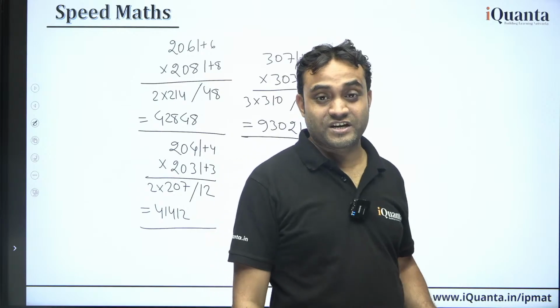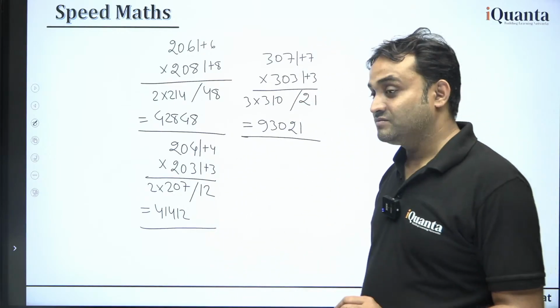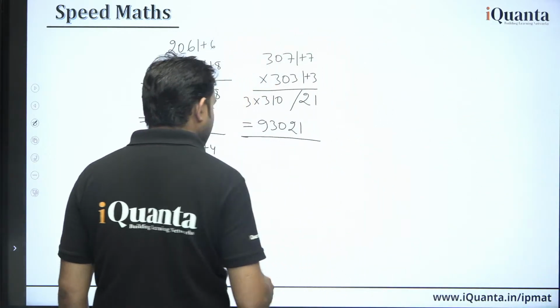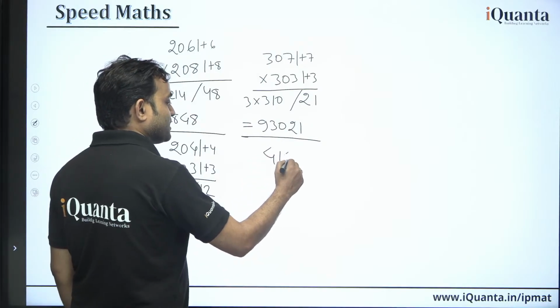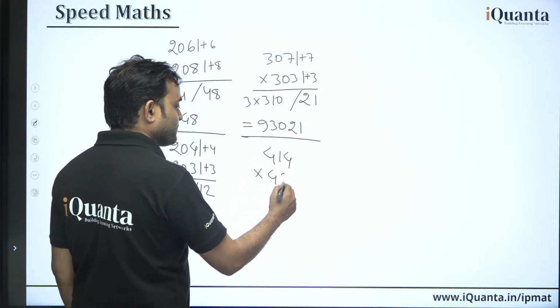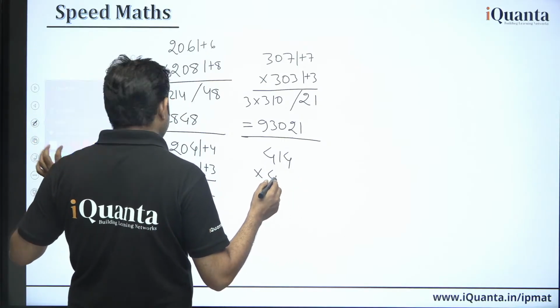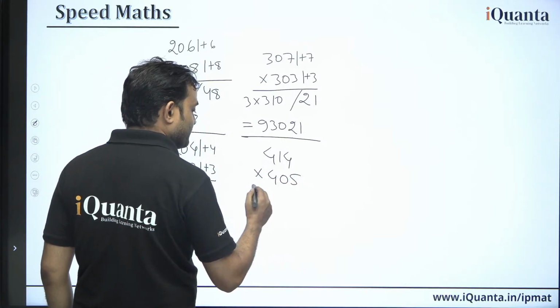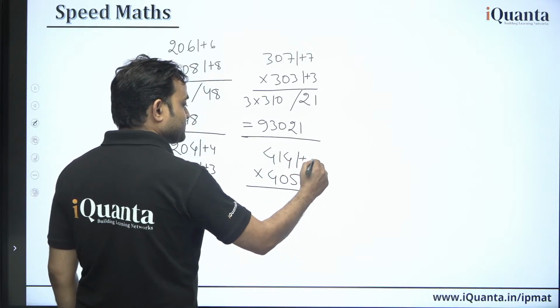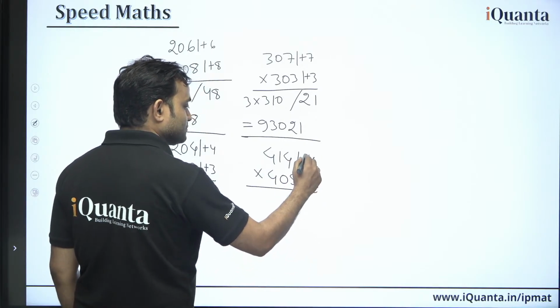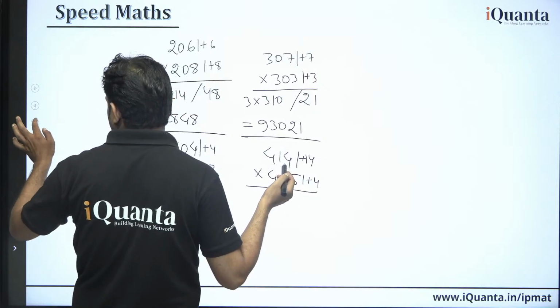Isn't it interesting? Right? You can multiply any numbers like this. Let's say 414 into 405. So, this is plus 14, this is plus 5.